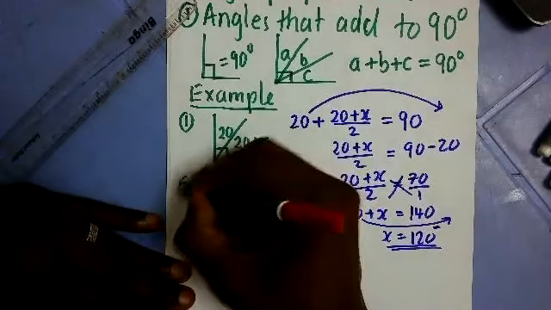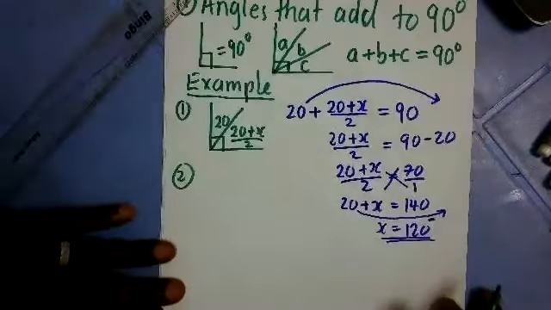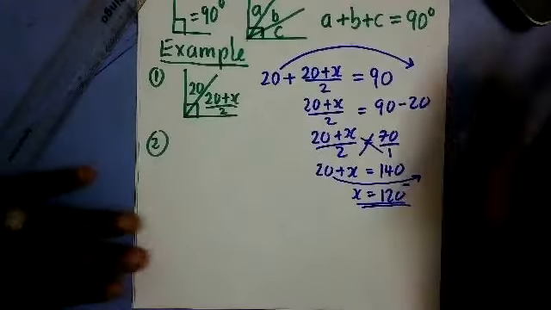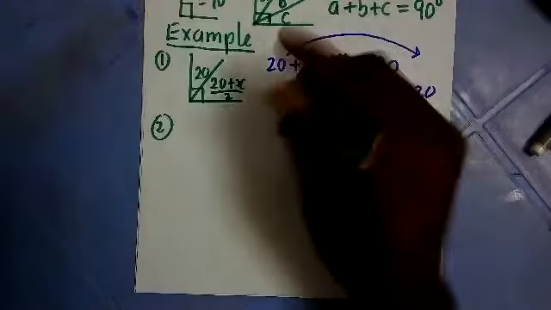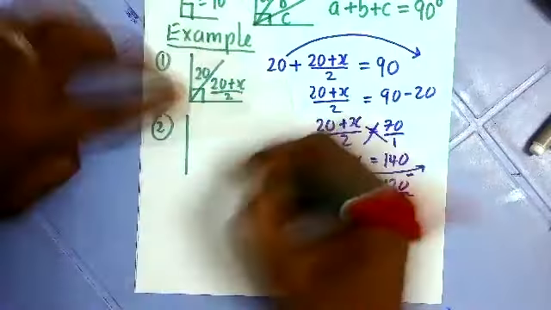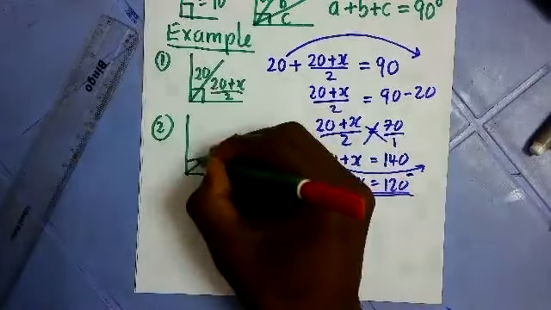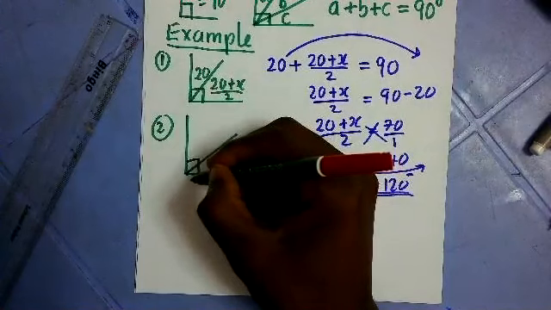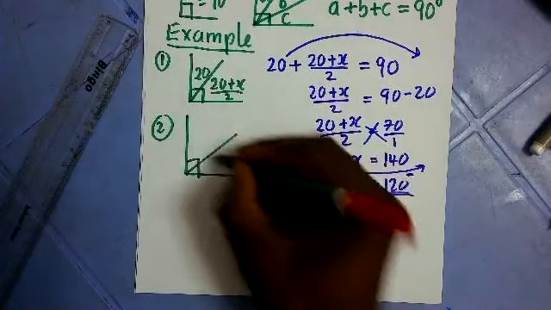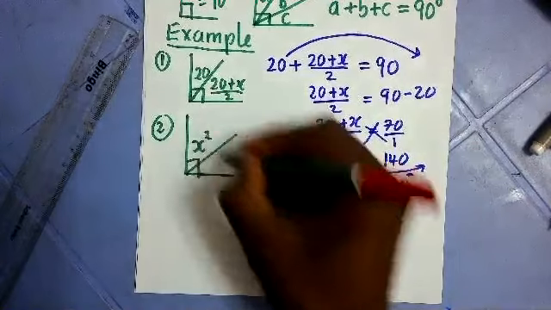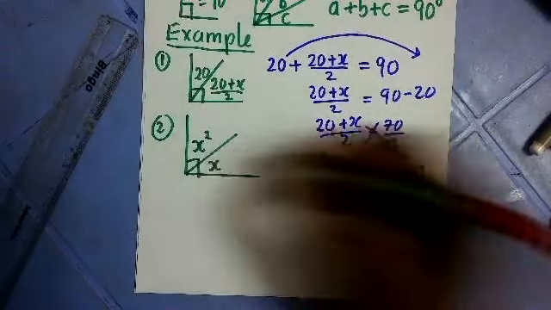I have also a second example there. I have a second example for angles that add up to 90 degrees. If I have, let's say, there, this adds to 90 degrees. So if I have, let's say here, x squared, and I have here x.